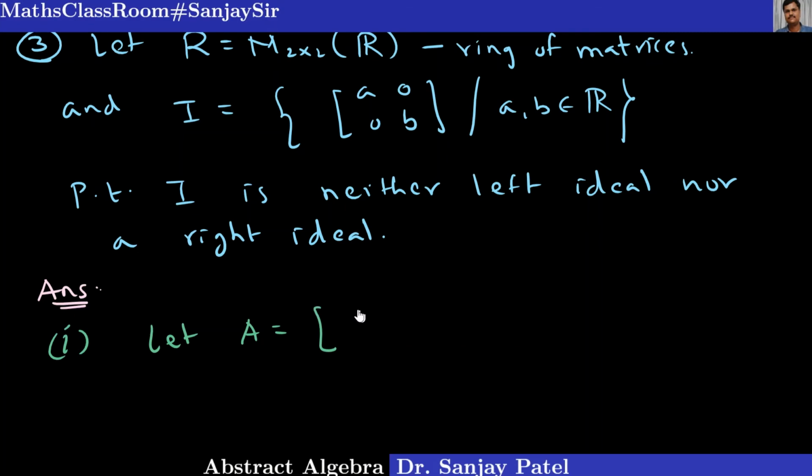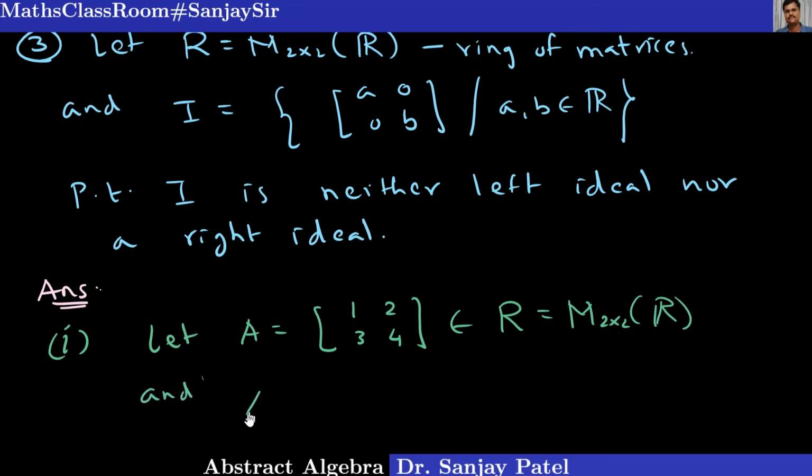So I'm taking one element 1, 2, 3, 4, which belongs to the ring R, the set of all 2 cross 2 matrices. And I'm taking one element, say capital X, from the given set I, the set of all diagonal matrices. So I'm taking a matrix like this, 1, 0, 0, 2, which belongs to I.